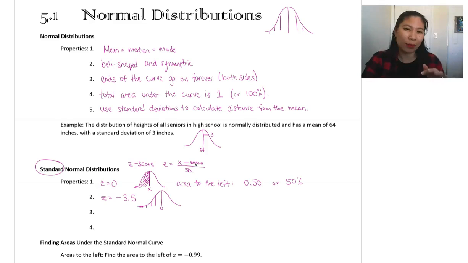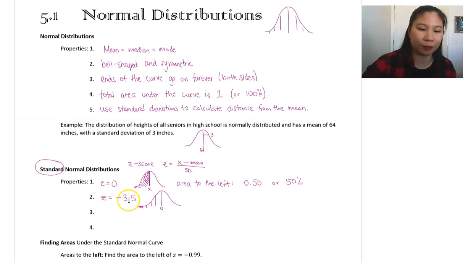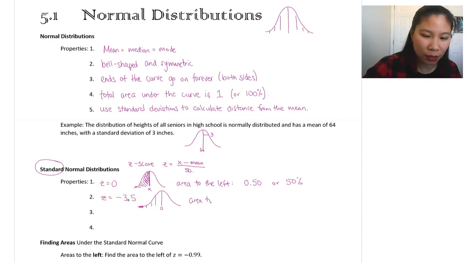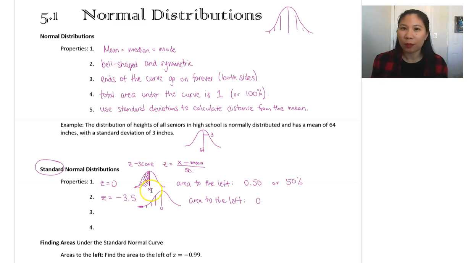Keep in mind that side of the curve technically goes on forever, but there's a very small area that's actually under it. So when the z-score is negative 3.5 or even smaller than that, the area to the left is going to be about 0, because there's so little area that's actually shaded in. So anything smaller than negative 3.5 is going to have an area of about 0.